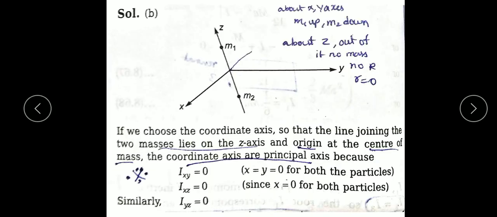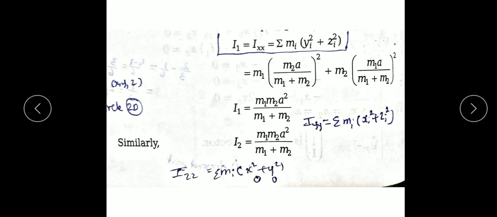That means m1's coordinate is nothing but 0 0 z1. That means its y coordinate is 0. So hence m1 into y1 square is nothing but 0, because y1 is 0, m1 into 0 square is 0, and m1 into z1 square we would have.